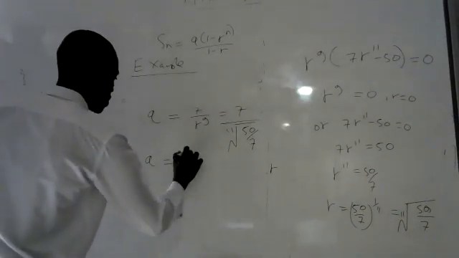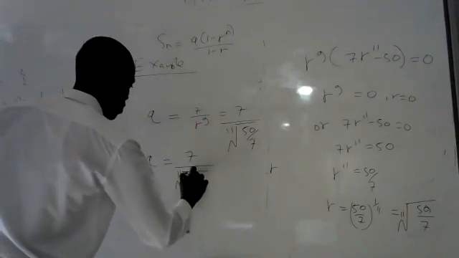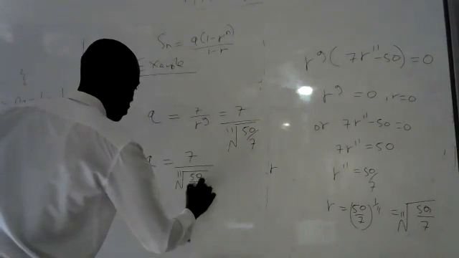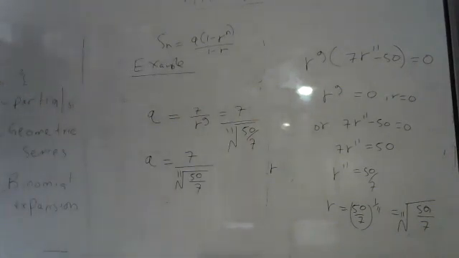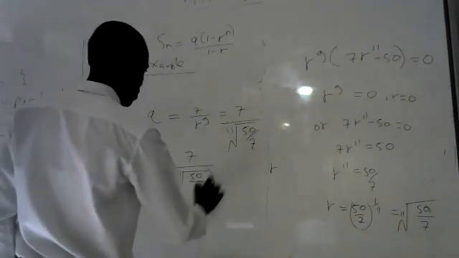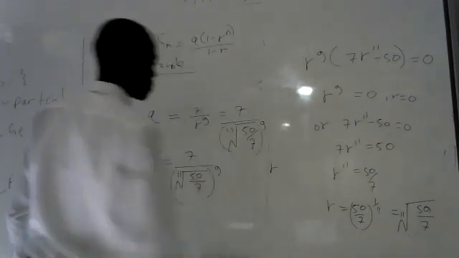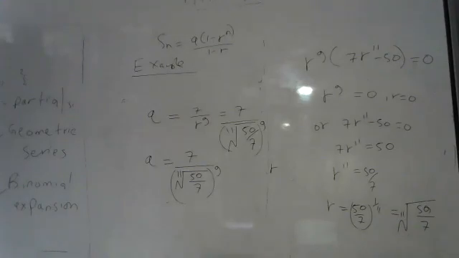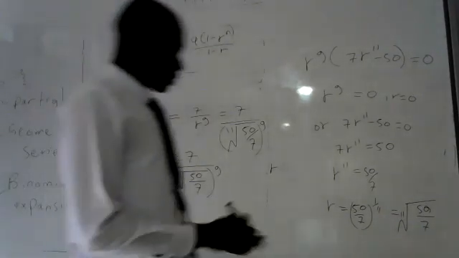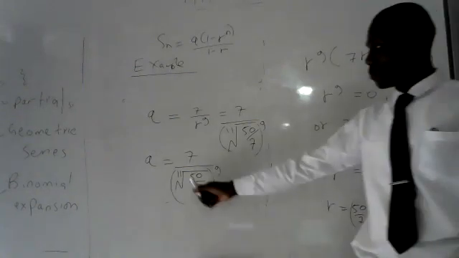A is going to be 7 divided by the 11th root of 50 divided by 7, and this should be raised to 9, because it's r raised to 9. Okay? Yes, sir. Thank you.